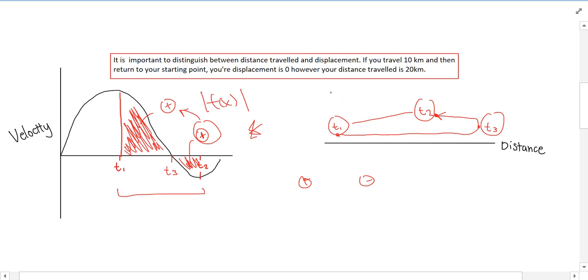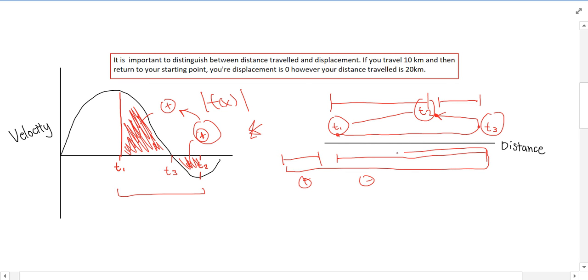So our displacement will be this right here, and our total distance traveled will be this plus this part, so we have to add a little bit to it. That would be our total distance traveled, and our displacement is only how far we are from our original spot at t1.